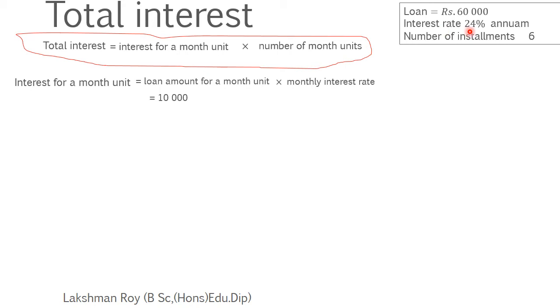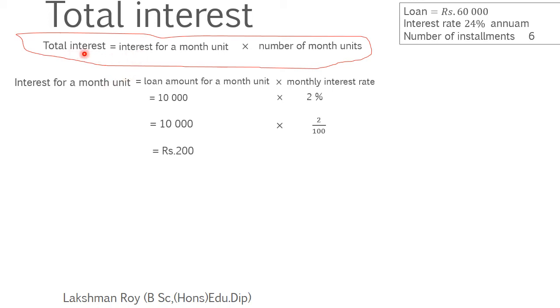Annually 24%, divide by 12, gives 2%. So 10,000 rupees should be multiplied by 2%. 2% means for 100 rupees loan we have to pay 2 rupees interest. So you can easily cut the zeros, then you get 200 rupees. So this is the interest for a month unit.